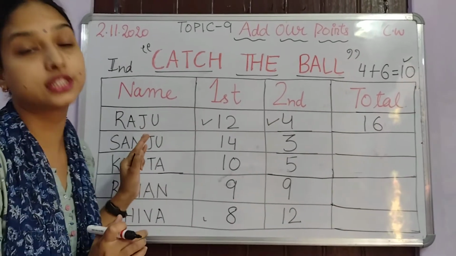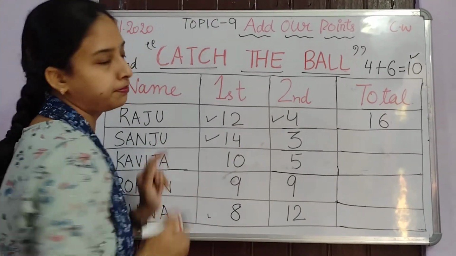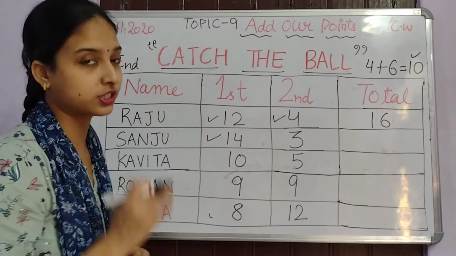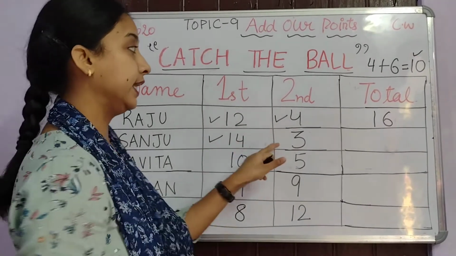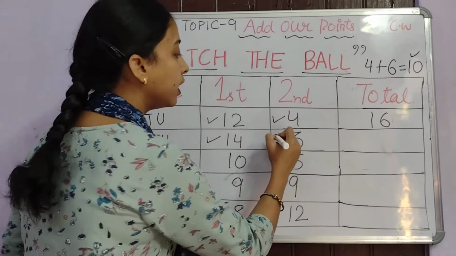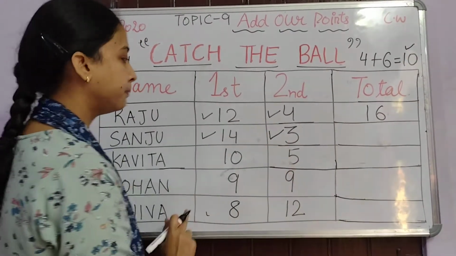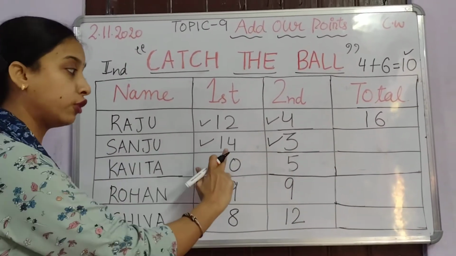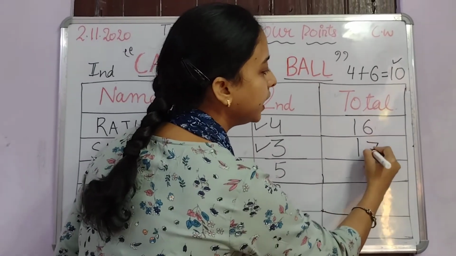Now we will talk about Sanju. Sanju has scored 14 points in the first round because he has caught the ball 14 times, and in the second round he has caught the ball 3 times. So the total number of balls caught by Sanju is 14 plus 3 is equal to 17.